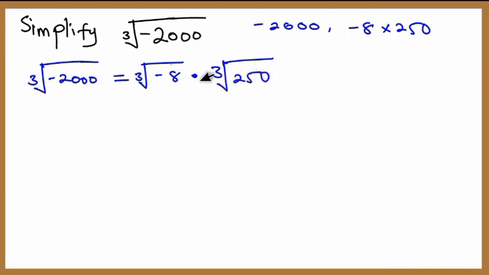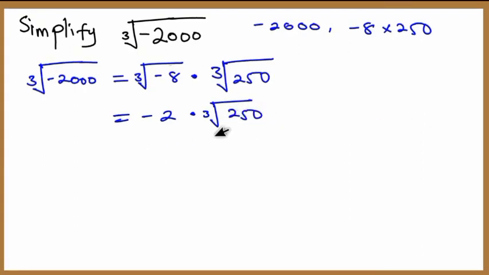So these are the perfect cube factors of -2000. So let's move on. So this one gives me -2 multiplying my cube root of 250.